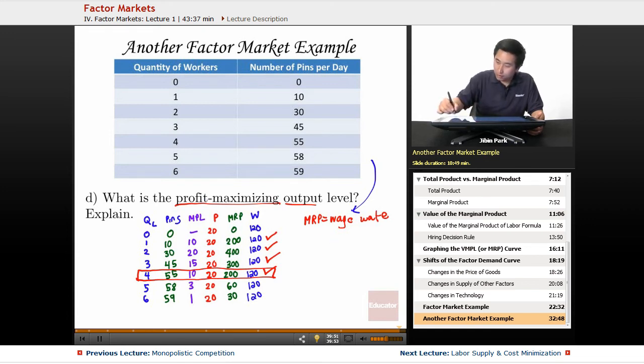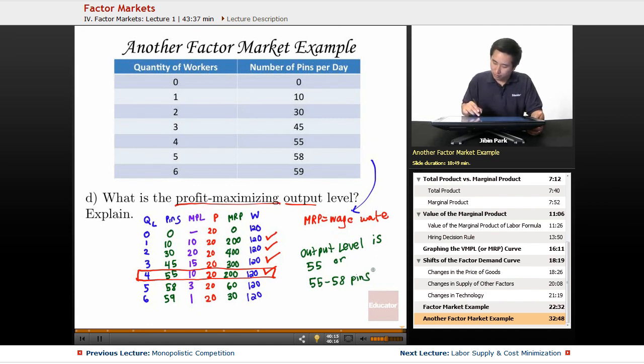And the output level is going to be, what's the number of pins? 55. Or another acceptable answer would be 55 to 58 pins. Now, if you were to say 4 workers, then it wouldn't hurt.